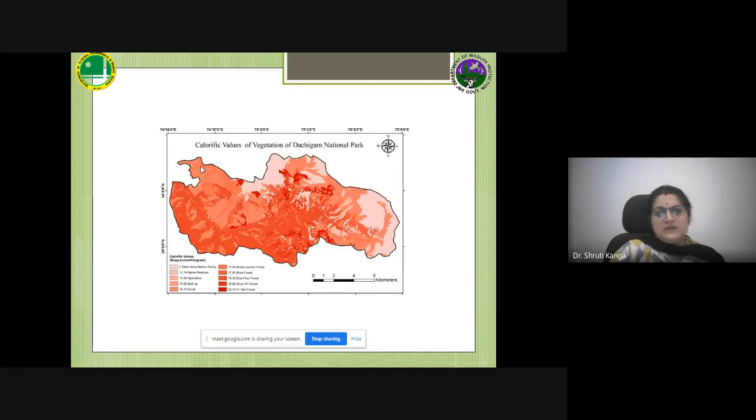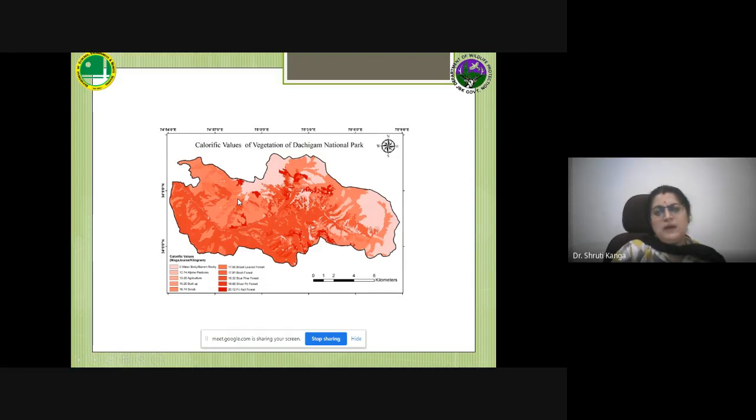And then this is the vegetation of this park. This is the calorific values of the vegetation. They are very high in the case of fir and kail forest.